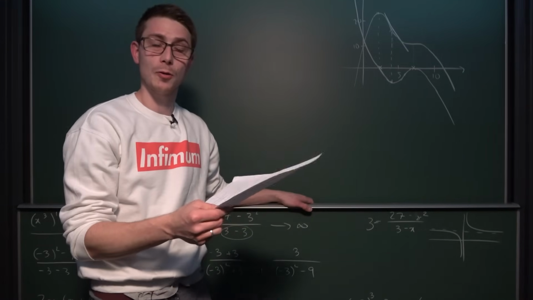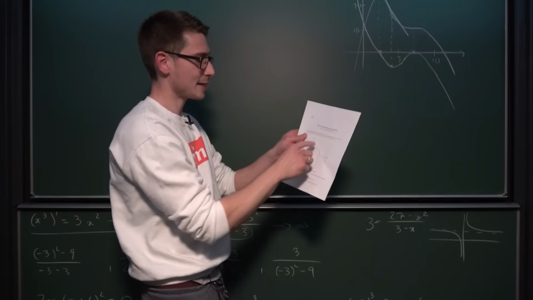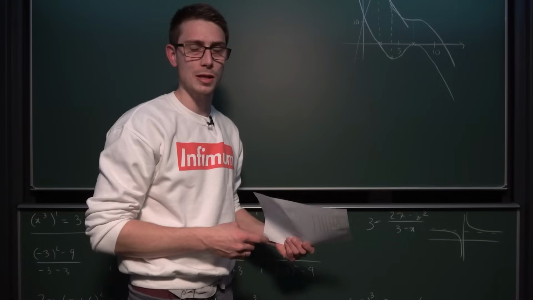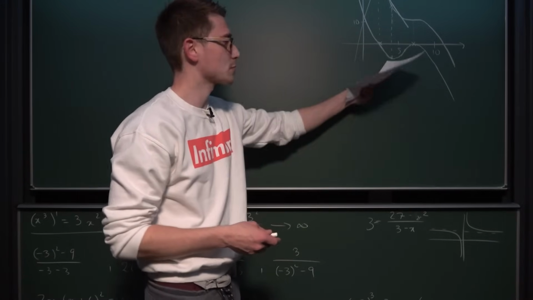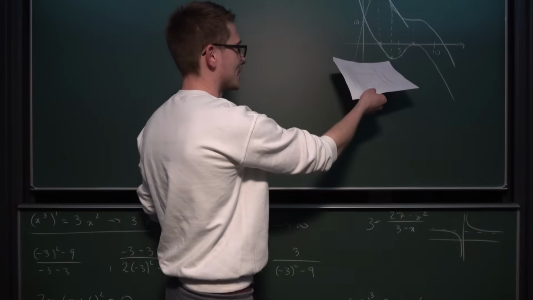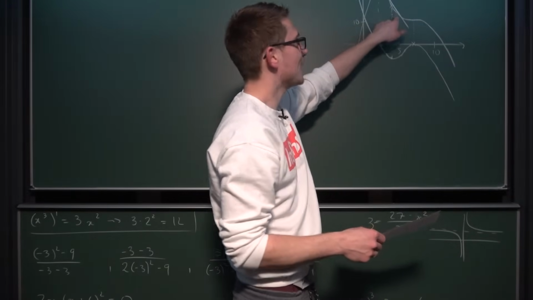Now, what about the y-coordinate? This is a bit of a nifty one, because here the exercise says that the inflection point is at 4 and 8, and most students are going to say, well, the minimum is going to be at 8. Obviously not. If you take a look at this sketch right here, don't forget what the slope of the tangent line is.